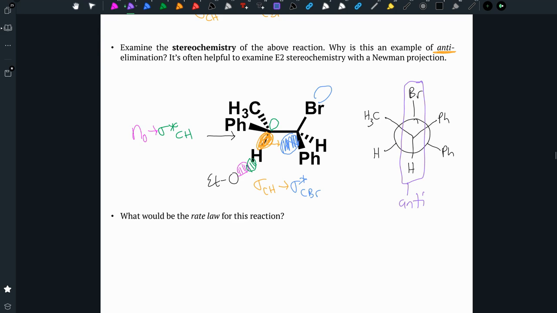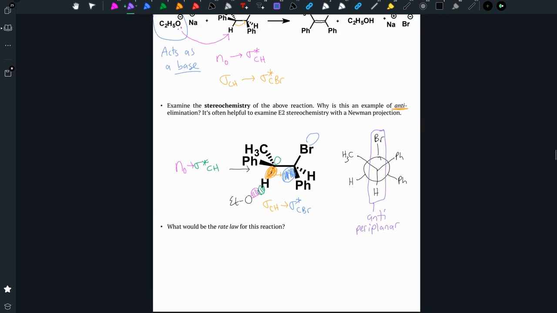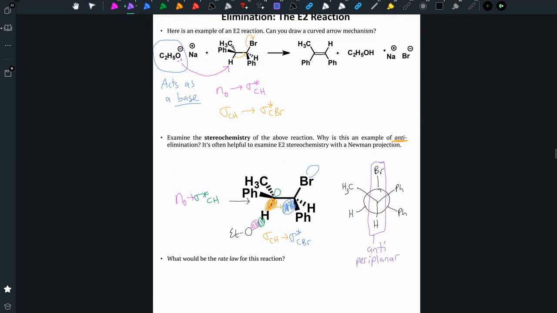You might hear the term that we say they need to be across from each other and in the same plane. So they're often referred to as anti-periplanar. Periplanar just means in the same plane. So notice when I remove that hydrogen and that bromine and I flatten out the molecule, because in the end my alkene is planar, the two phenyl groups will end up right next to each other.